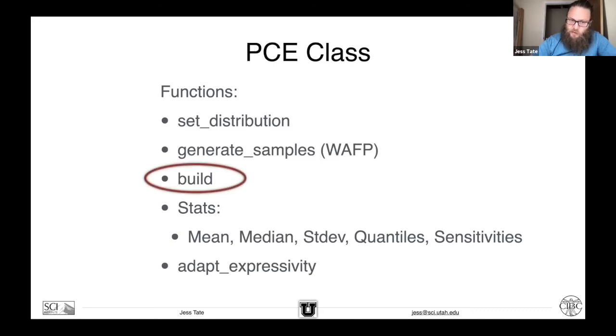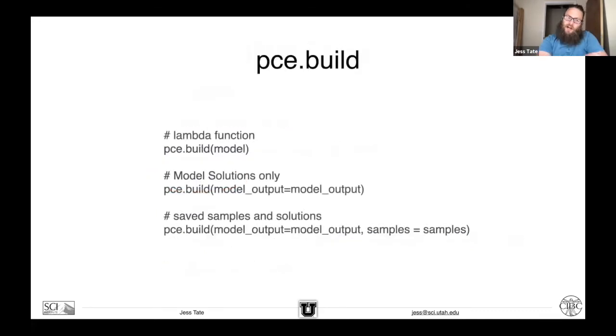So let's talk about how we build the polynomial chaos. The API for building the polynomial chaos emulator has a few different options. We saw in the previous example, you could pass a lambda function to your input model. And this is after, of course, you set your input parameter distributions and the index set.